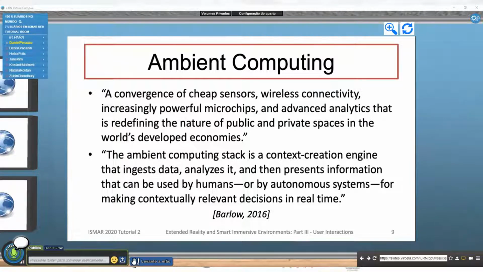So as we look at that notion of ambient computing that we can find in literature, it does overlap in terms of description, capabilities, and features with some aspects of IoT systems, and also, as I already mentioned, we can look at it as a subset of smart built environments.